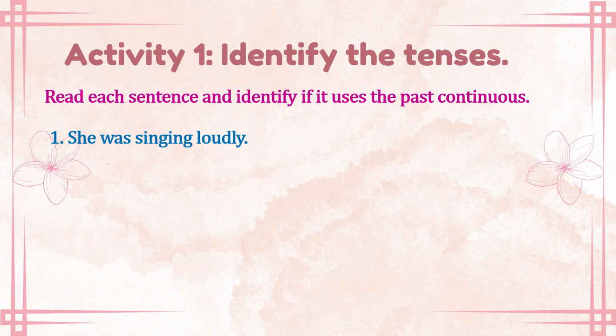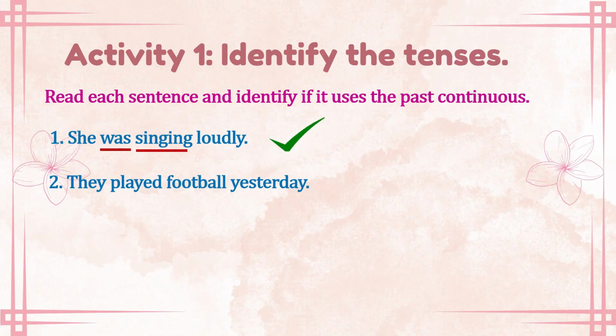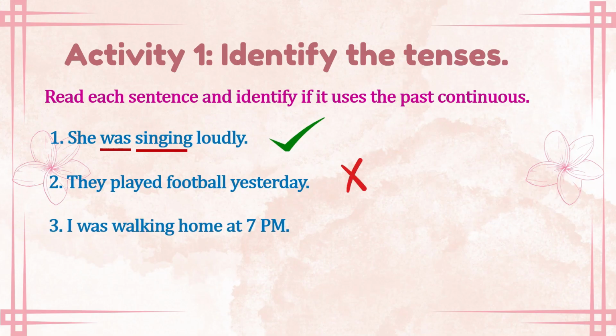Number 1 is, she was singing loudly. Yes, it is past continuous tense because of the presence of the be verb was and the gerund. Number 2 is, they played football yesterday. No, it is not past continuous tense because the be verb was or were and the gerund are missing.